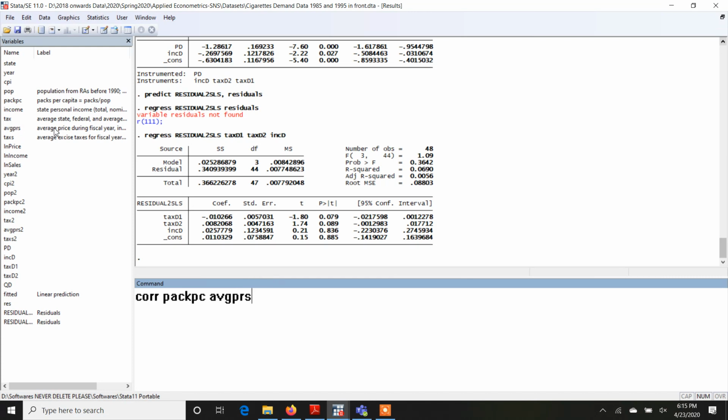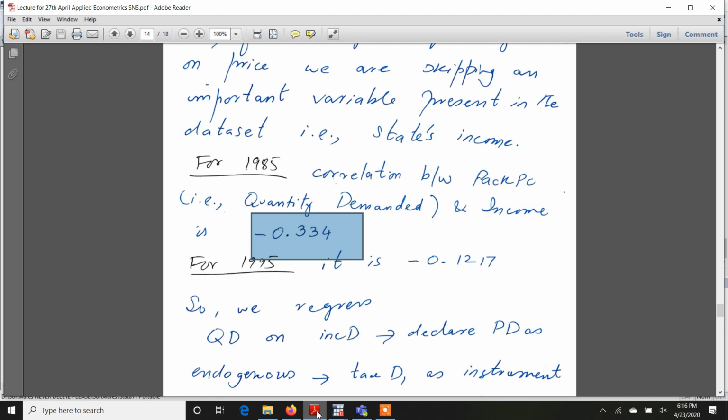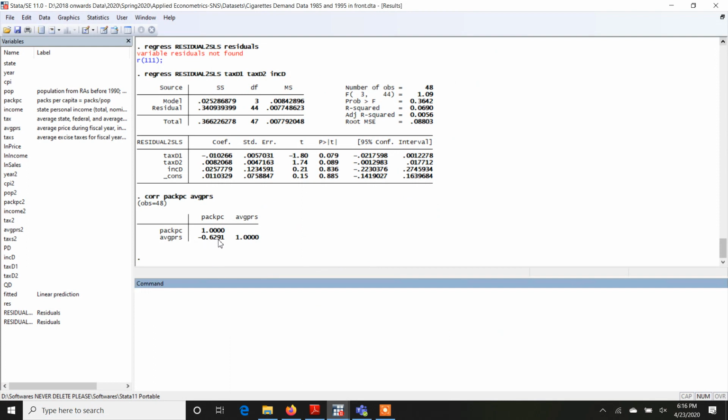I'm doing it for 1985 data, and this comes out to be minus 0.6291, right? So the value written over here needs correction. This is not minus 0.334, it is minus 0.6291.